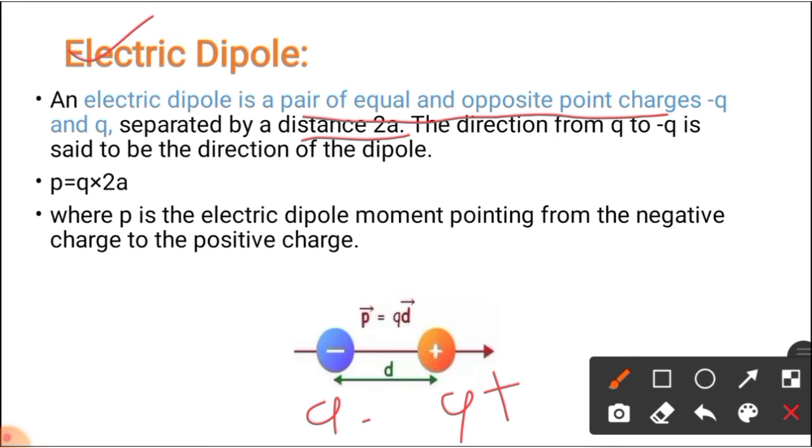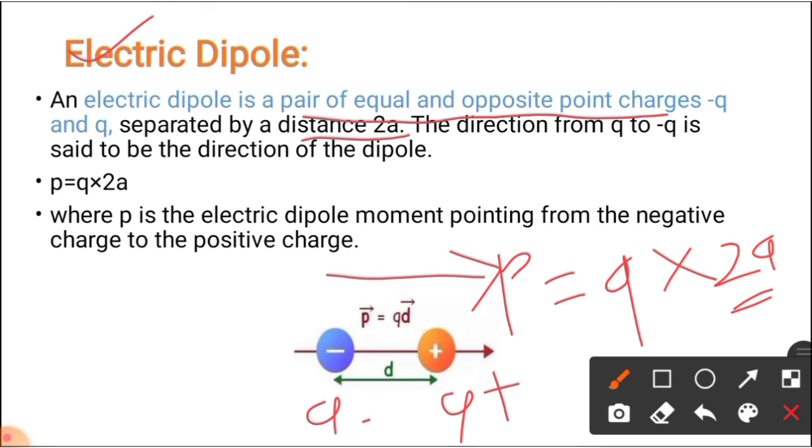It is calculated as P is equal to Q, the charge, multiplied by 2a. 2a is the distance between the two charges. So here the net dipole moment is from negative charge to the positive charge. So this is the dipole moment, and dipole is two equal and opposite charges separated by a distance.